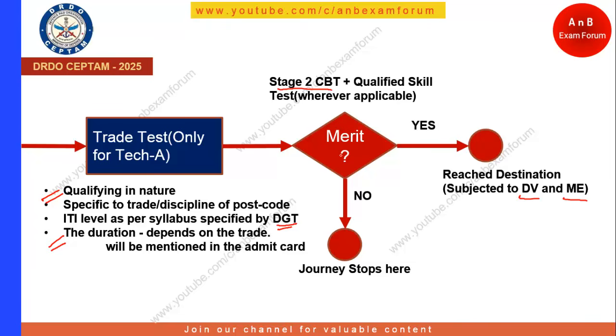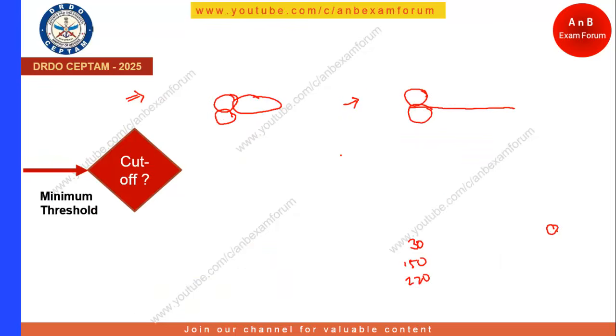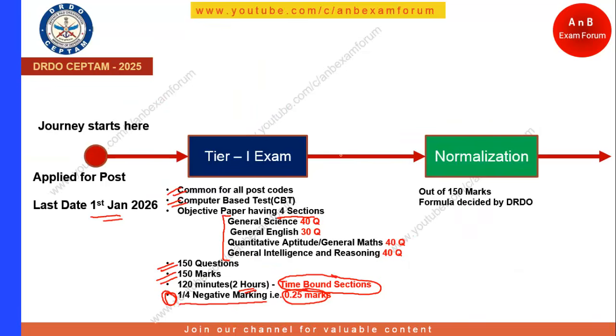Okay, I will repeat once again, don't worry, for those who just want a one-shot understanding. Once the tier 1 exam is clear, this portion we have seen, your normalization will happen.